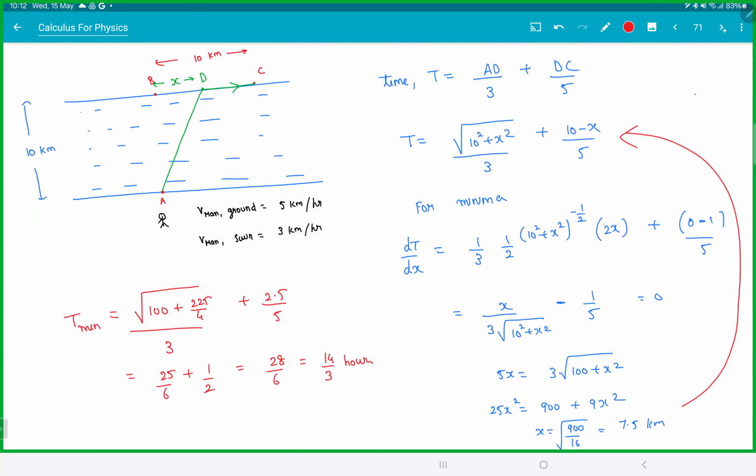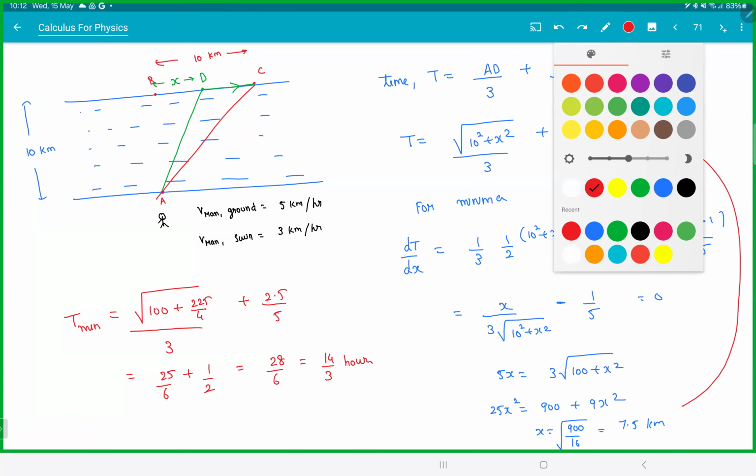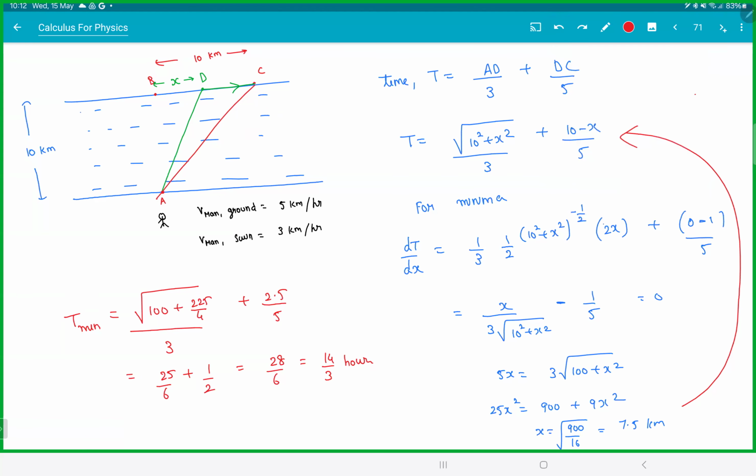Make sense? This is definitely less than this. This is 10 root 2 by 3, which is 14.1 something, no? You got less than that. So how much is this person running on the ground? This is root over 10 square plus this.